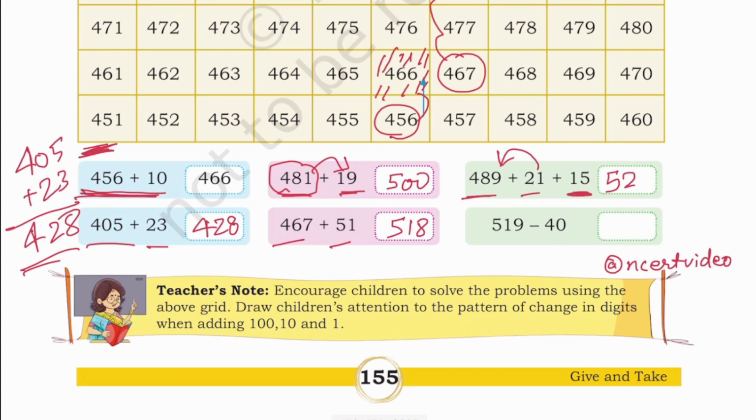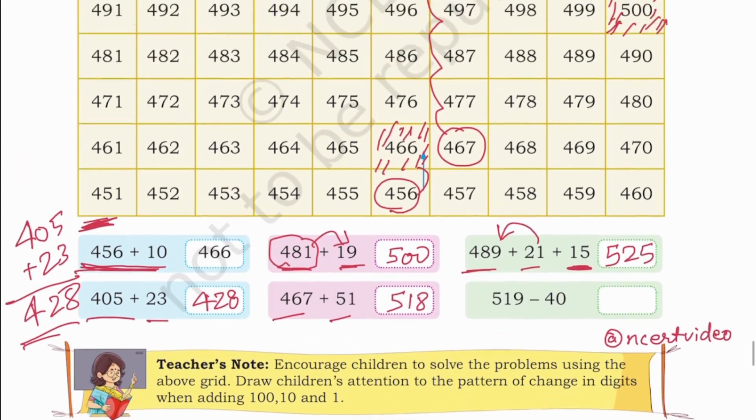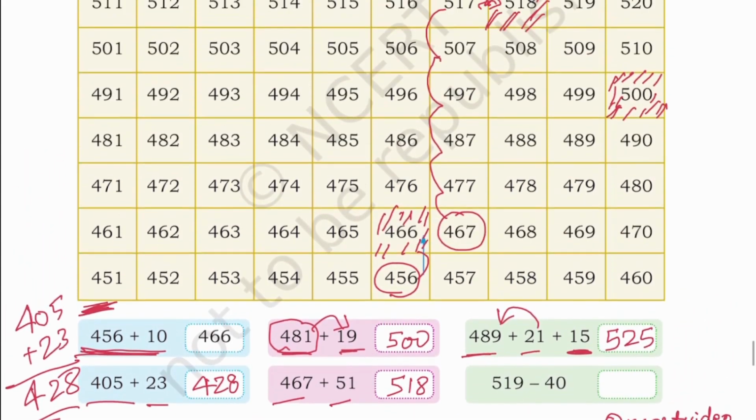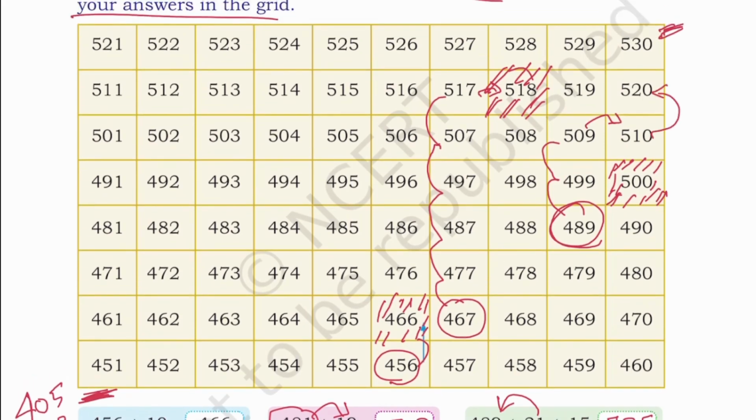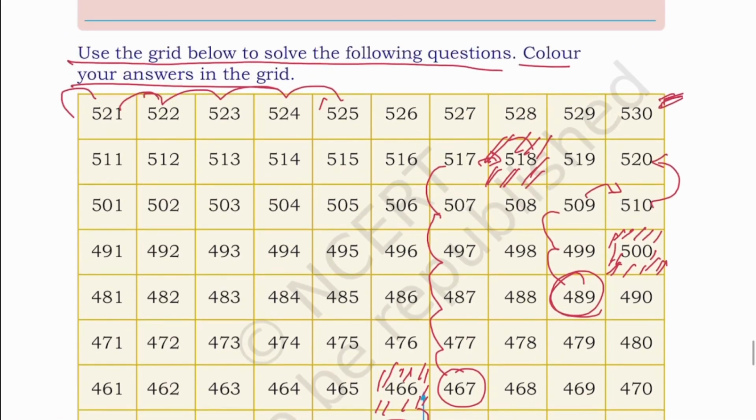The answer will be 525. That is 489, 21 added to it, 10, 20 and 1. Then 15 added to it, 10 and then 5. 1, 2, 3, 4, 5. Okay, you will get 525.